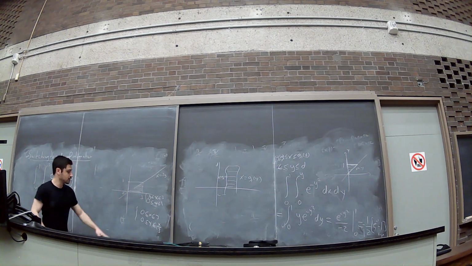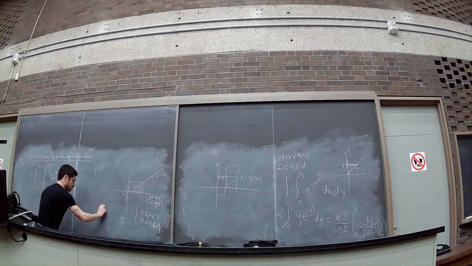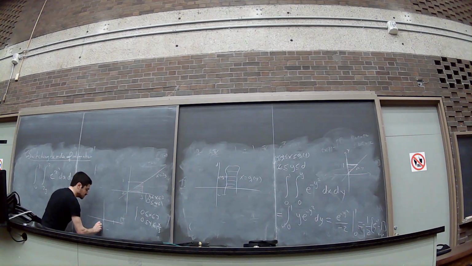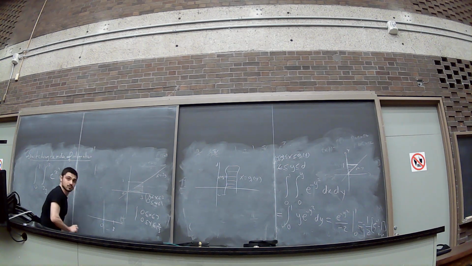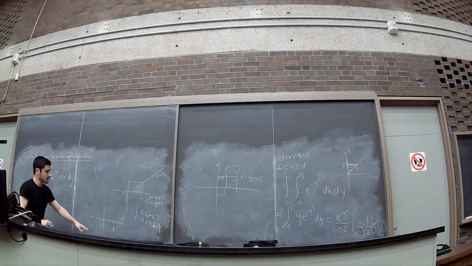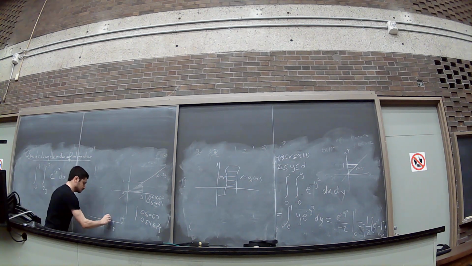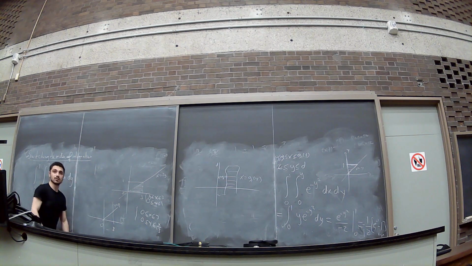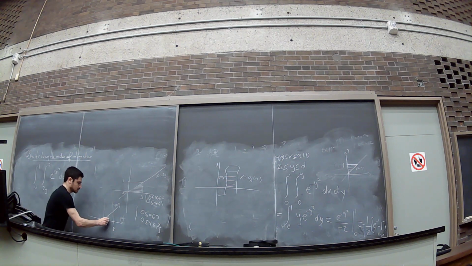You agree or not? If you don't agree, let's convince ourselves by drawing this. x goes from 0 to 3, right? And y goes from 0 to x over 3. This is the line y is equal to x over 3. This is my region.